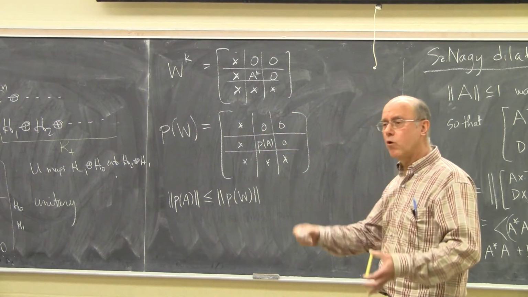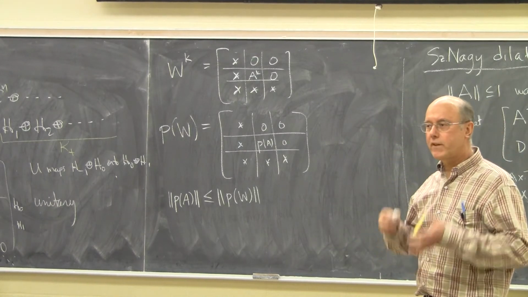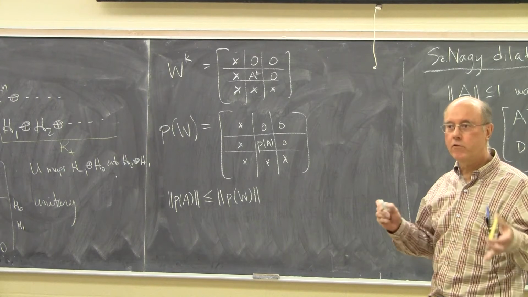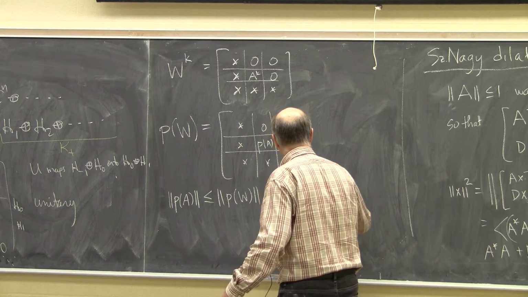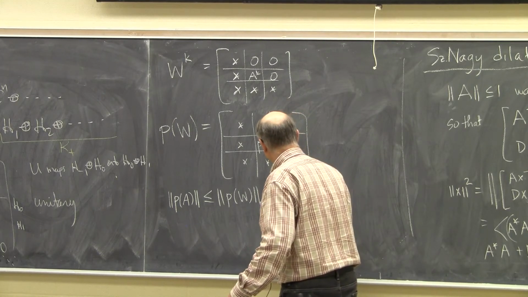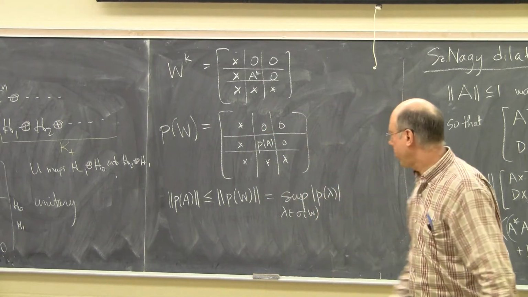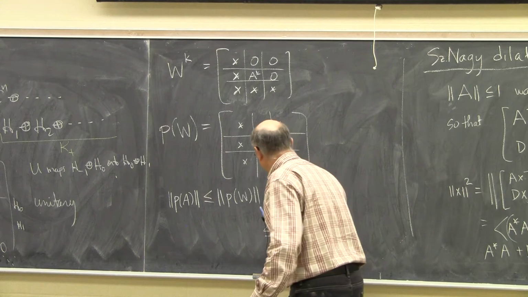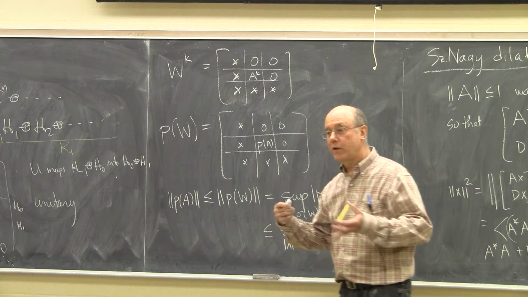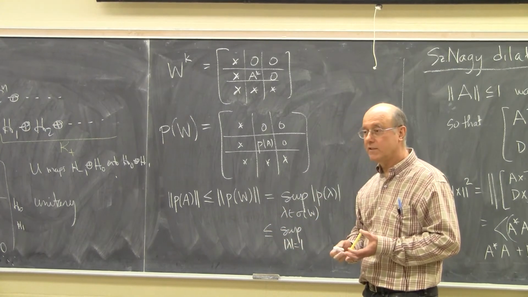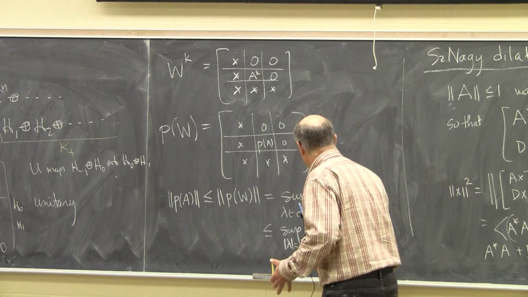But P of W is normal. Even though this is infinite dimensional, the same norm estimates apply as worked for matrices. This is the sup of P of lambda, where lambda is in the spectrum of W. You can't say eigenvalues anymore, but it's the same thing. So this is less than or equal to the sup over lambda in the unit circle, because every unitary has its spectrum in the unit circle.